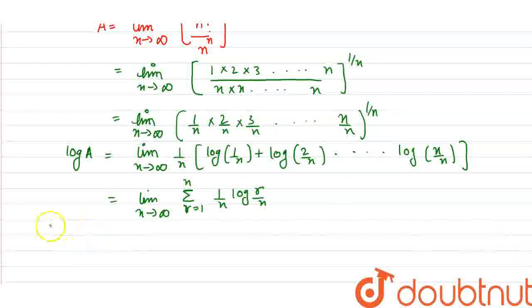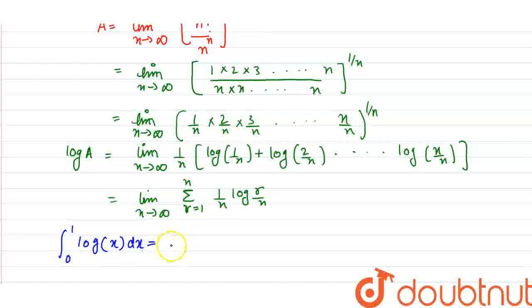So now the integration from 0 to 1 of log x dx is equal to the integration from 0 to 1 of log x times 1, and we are just using integration by parts, right?